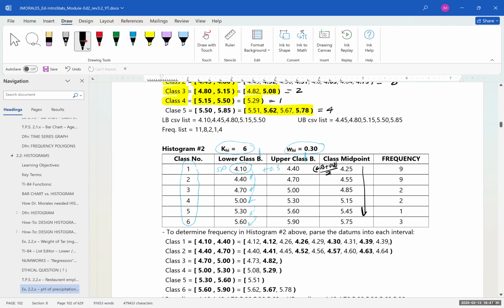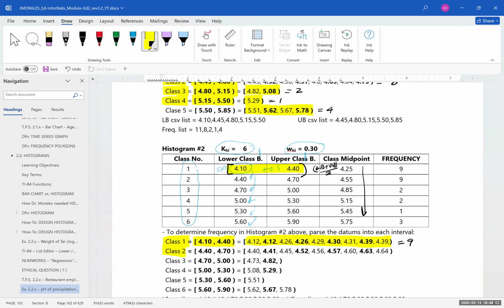And then from this table, you can say that class 1 will include 4.1, but not include 4.4. So it includes that, but does not include that. And that's what I put down here for class 1. And so class 1 would include all of these values, which comes out to be 9 of them.